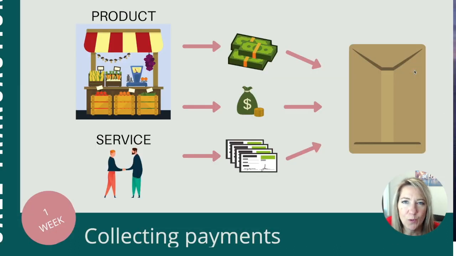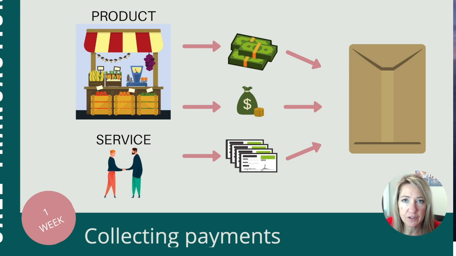Okay, so I'm very visual, and so I'm going to use some graphics to give you examples. Whether you sell products or services in your business or both, let's say that in 1 week you had multiple transactions where you did some kind of income generating activity.